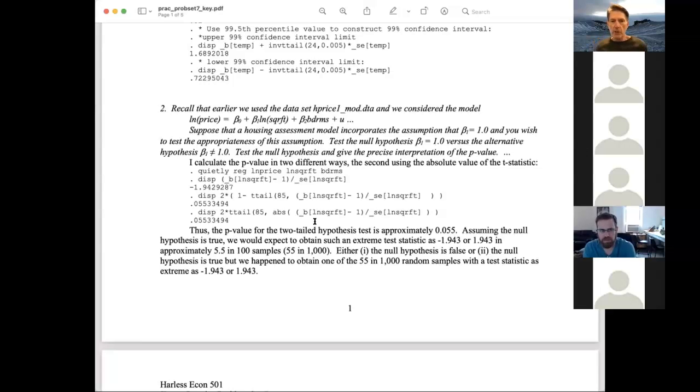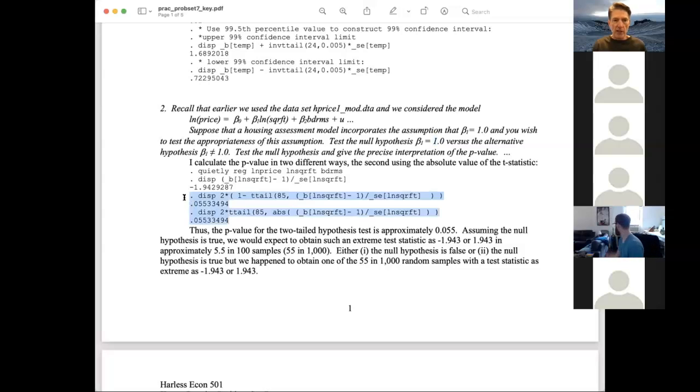Number 2 is just a straightforward problem where we have a two-sided hypothesis test, about beta 1 equal to 1 versus the alternative that it's not equal to 1. This is pretty straightforward.